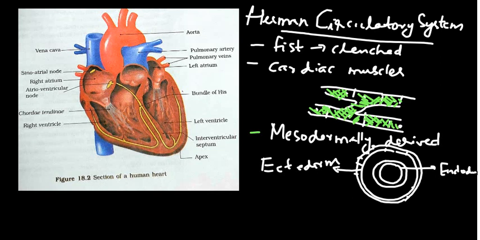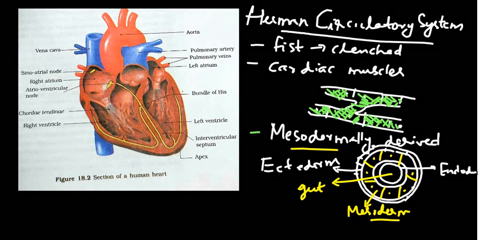Mesoderm are the tissues that come between the ectoderm and endoderm, and this is the opening for the gut. So these are mesodermal tissues. It is this mesoderm that gives rise to the cardiac muscles and the heart.